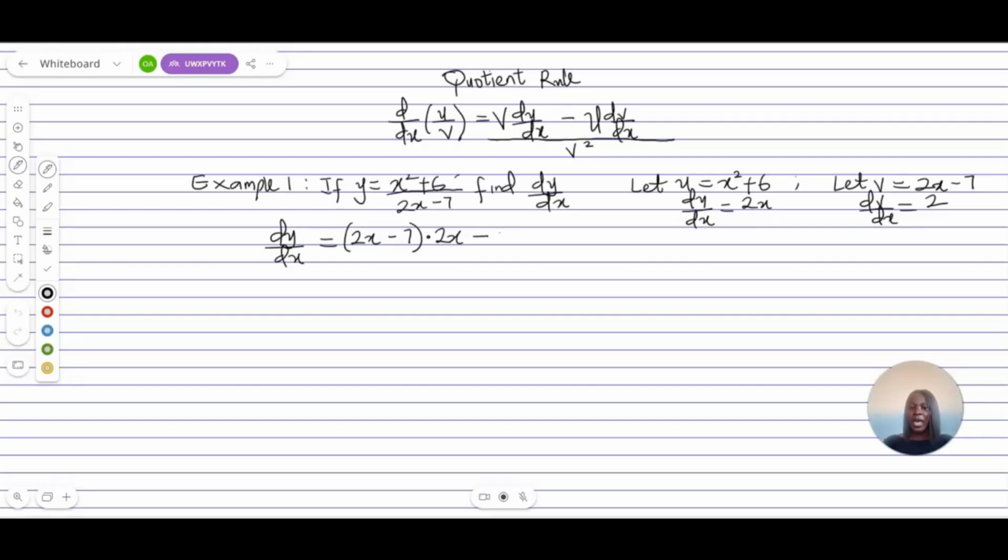My u is x squared plus 6, multiplied by dv/dx. What is dv/dx? dv/dx is 2. Now, remember that the whole of this is being divided by v squared, the square of v. What is v? v is 2x minus 7, then the square. So now let's simplify this for it to look much more beautiful to behold.